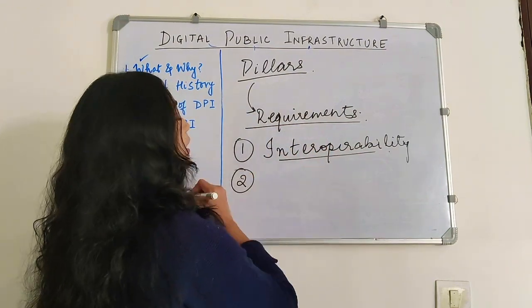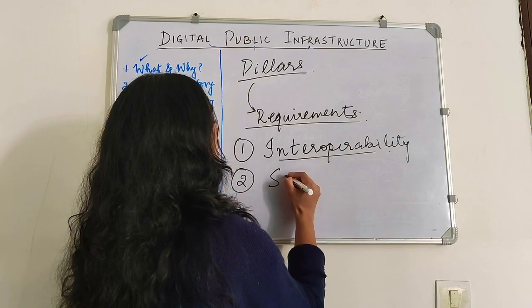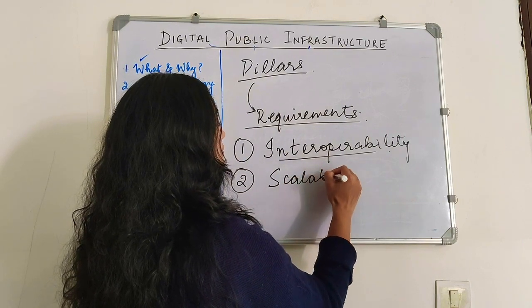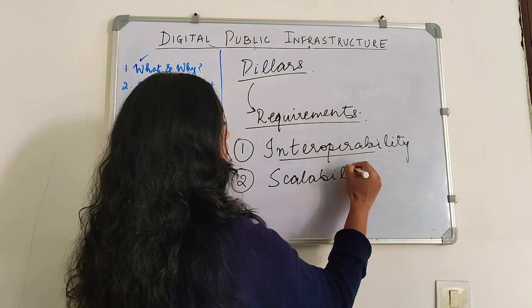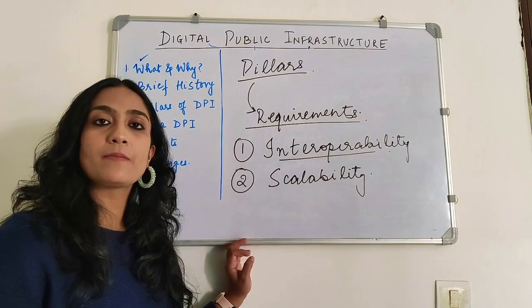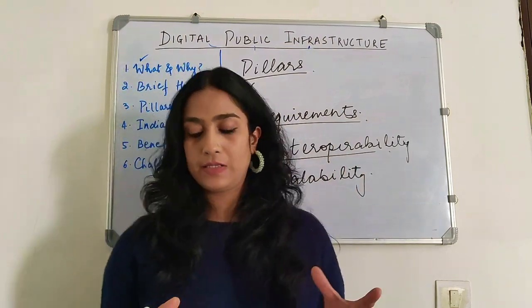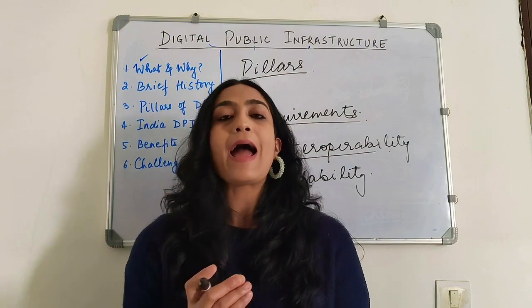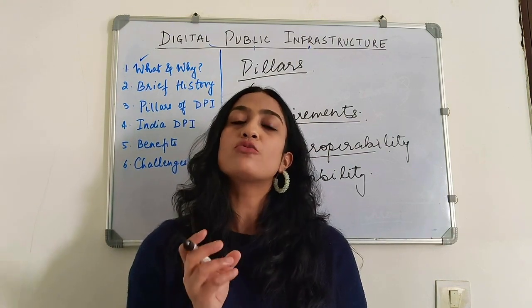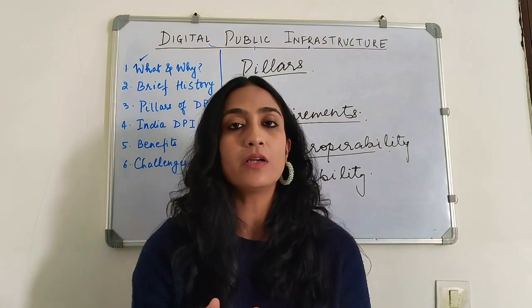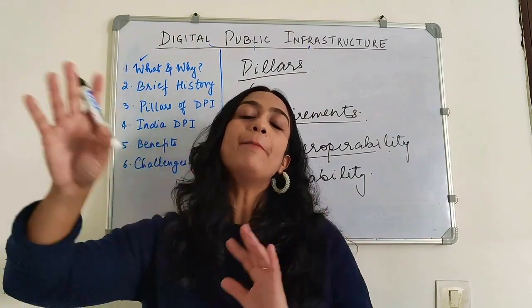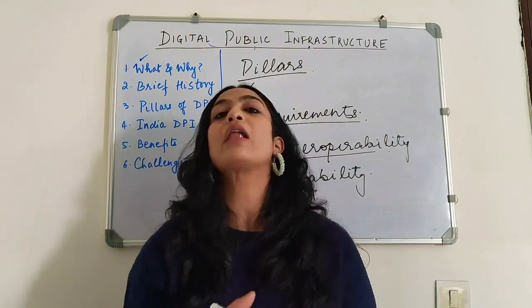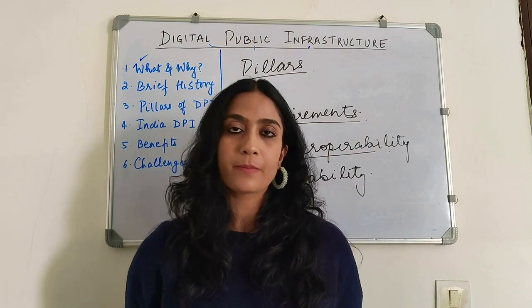The second desirable requirement is scalability. What is scalability? It means that if some solution has been applied at a small scale, at a local level, then it can easily be scaled up to a larger geographical area or a larger population, or both.